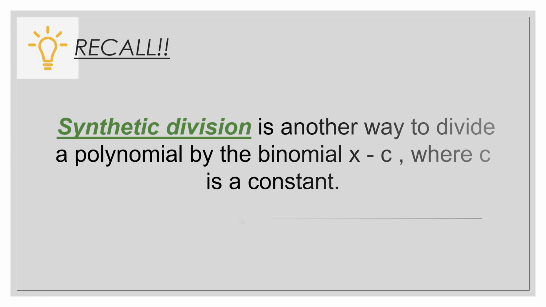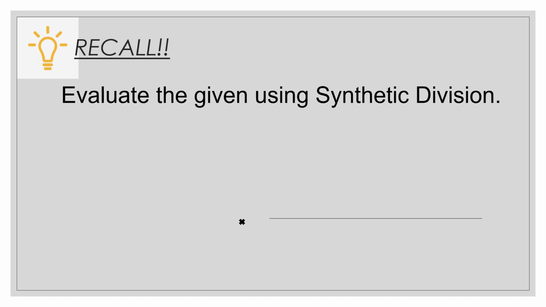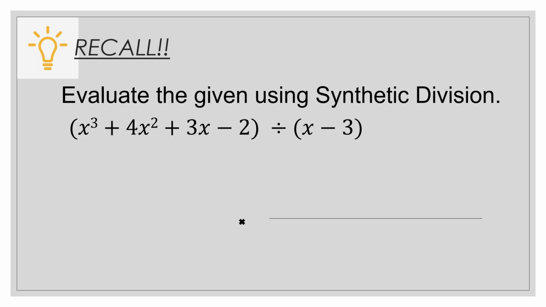Now, let's try to recall the process of synthetic division. Evaluate the given using synthetic division. Given the polynomial x cubed plus 4x squared plus 3x minus 2 divided by x minus 3. In dividing polynomials, the very first thing we should do is to write the numerical coefficients in one row.